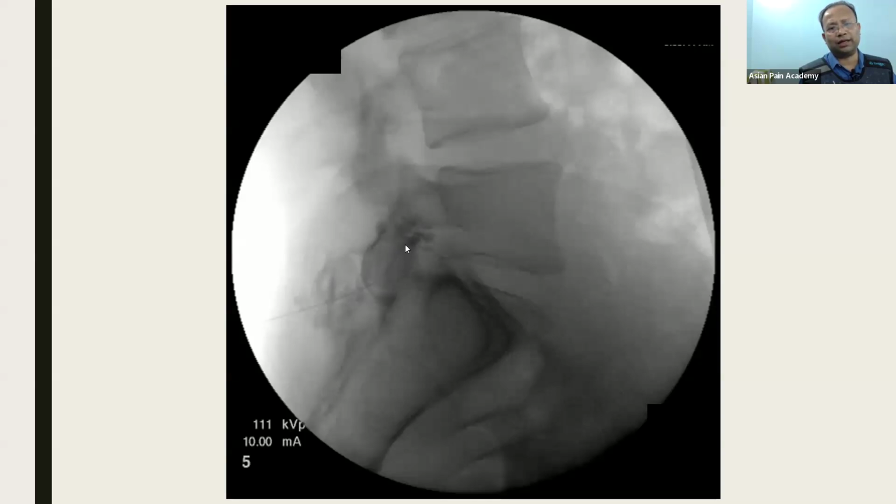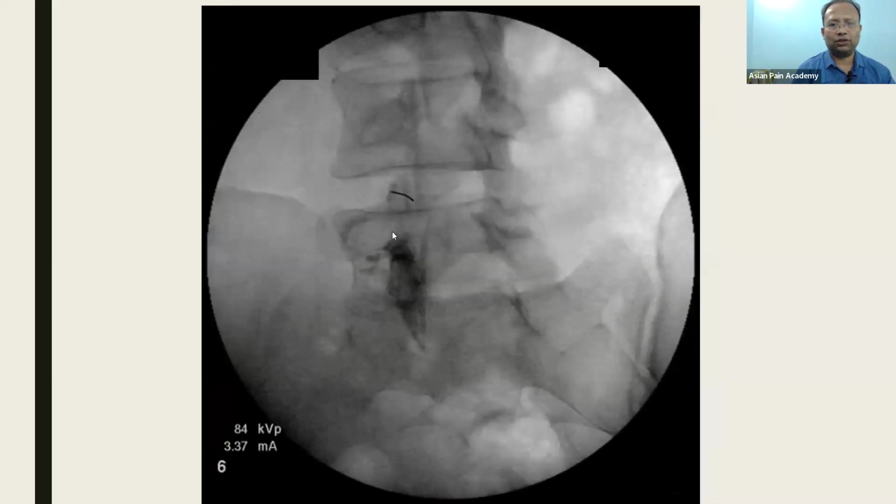And that's why, or if there is a capsular tear, some contrast has come into the epidural space. So if you do the intervention here, there is every chance that after giving a diagnostic block, the patient may have weakness of the leg because the drug is coming here. It will not give you any diagnostic value.